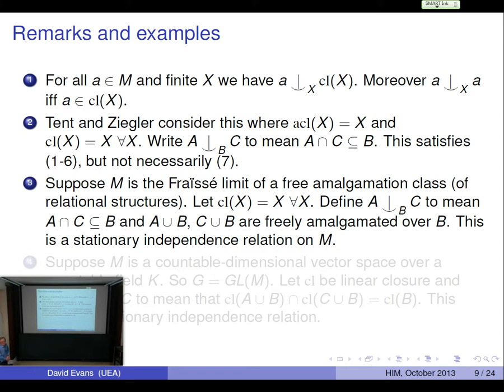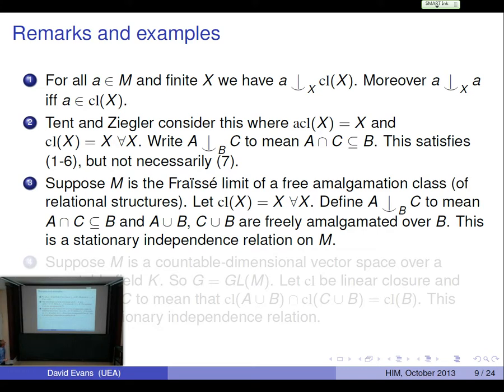The difficult part is stationarity in general, but what it's saying is just that if you have two free amalgams of pieces that look the same, then they're isomorphic.